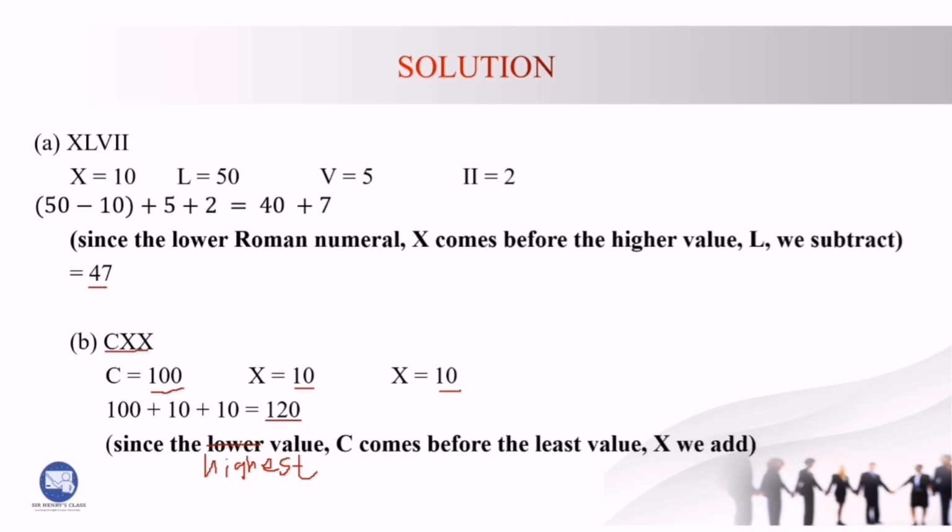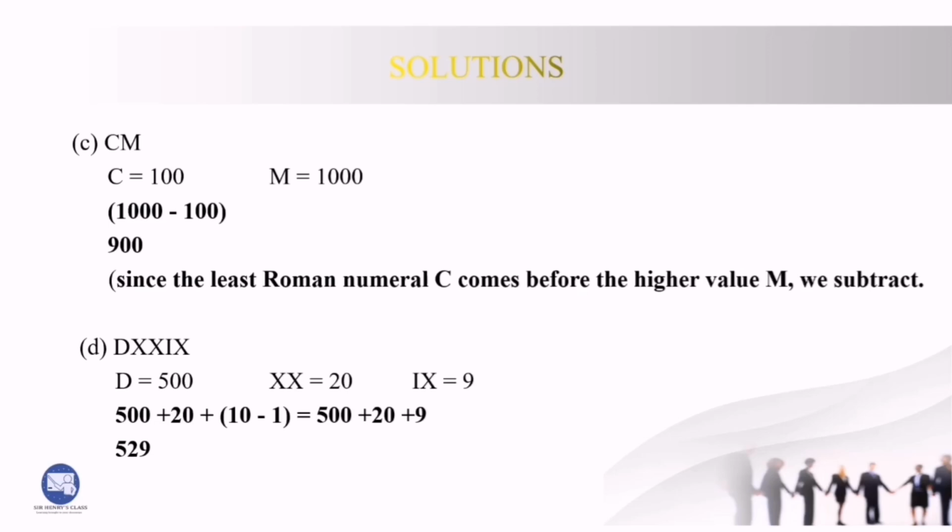Then let's go to the third one. CM. So C representing 100 and M representing 1000. So what do you think? Since the smaller Roman numeral comes before a bigger, we subtract. So we have 1000 minus 100, and this will give us 900. Since the least Roman numeral C comes before a higher Roman numeral M, we subtract.